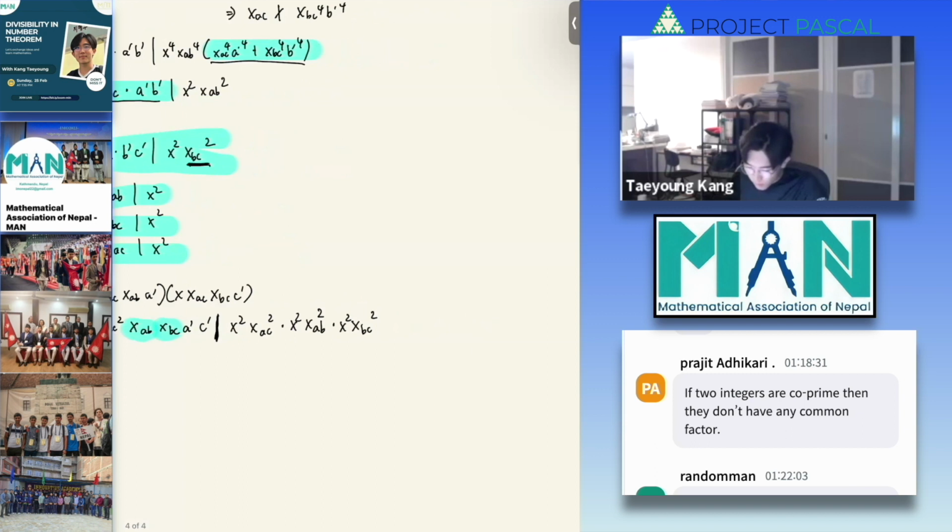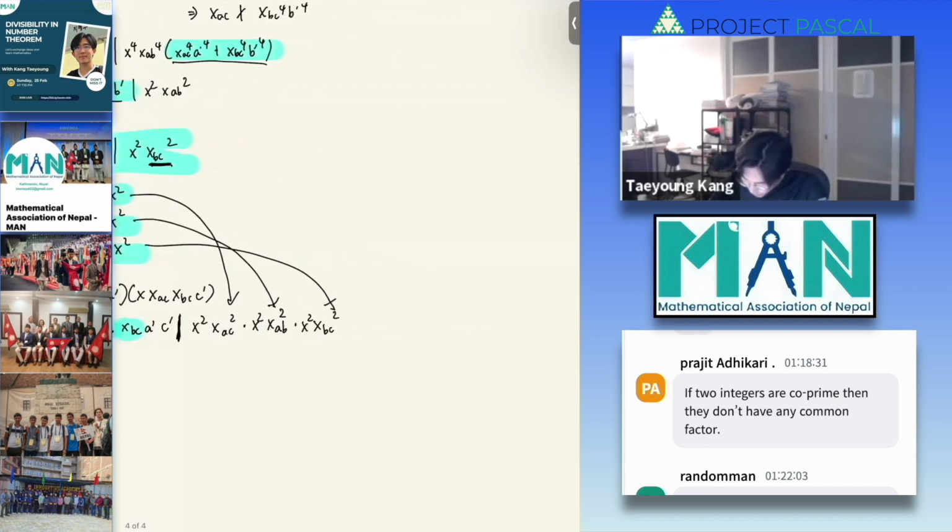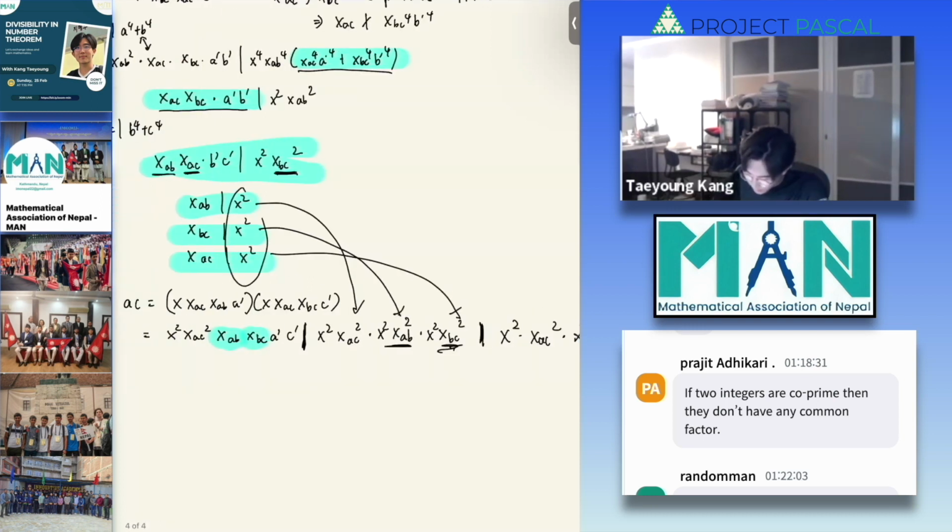And we finally utilize this to give us this divides x square times x ac square times x square times x square, because we transform xab and xbc into the x square terms.